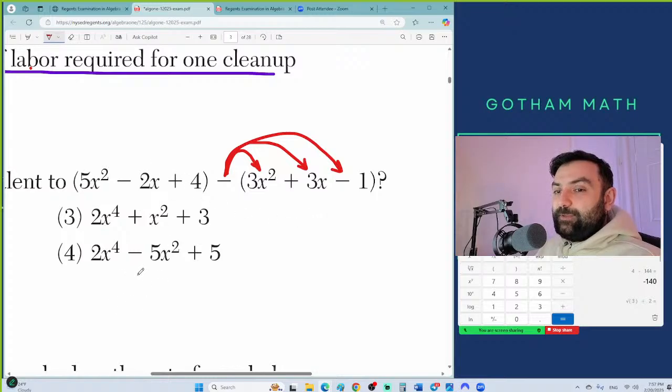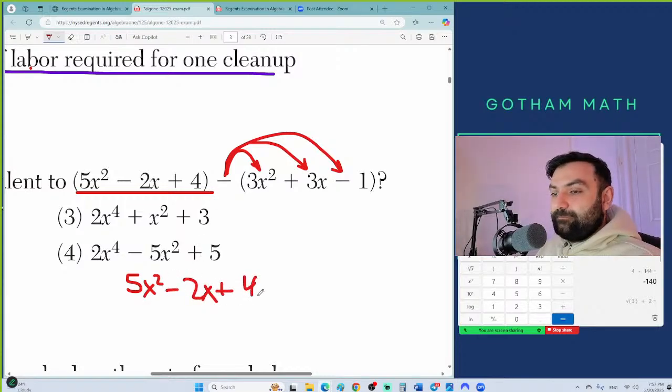So it's going to be 5x squared. The first parenthesis you almost always copy. Minus 2x plus 4. Then minus applied on the 3x squared is negative 3x squared. Minus applied on the 3x is minus 3x. And minus applied on the negative 1 is plus 1.